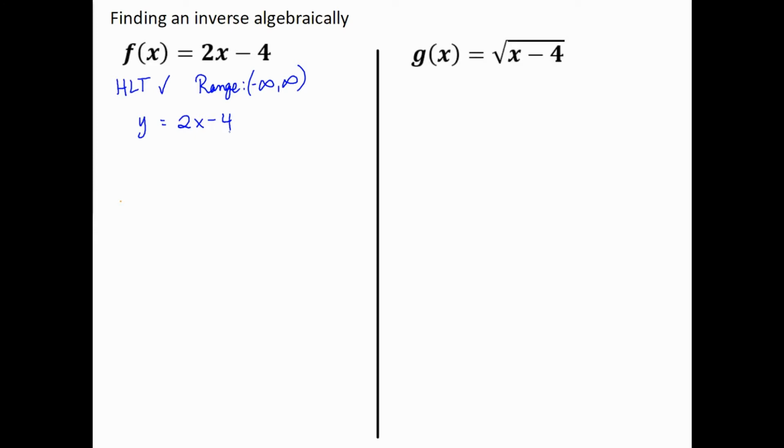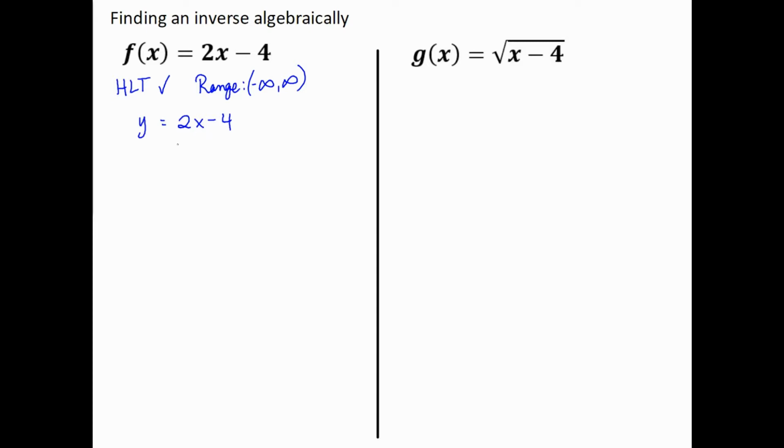Now, a lot of teachers will teach you to swap x and y and to write this as x equal to 2y minus 4. And honestly, I used to teach it like this. That's not the way I'm teaching it now because that's not the meaning of an inverse. We're not swapping the x and the y and then solving for y again. We are solving for x. We are solving for our actual domain. So let's go ahead and do that.